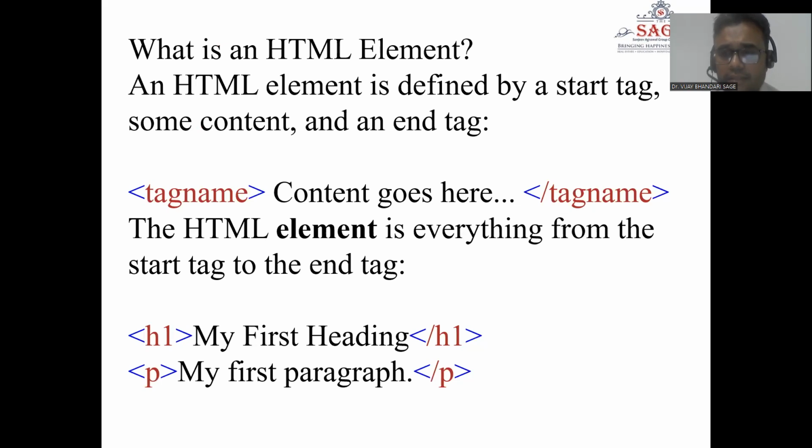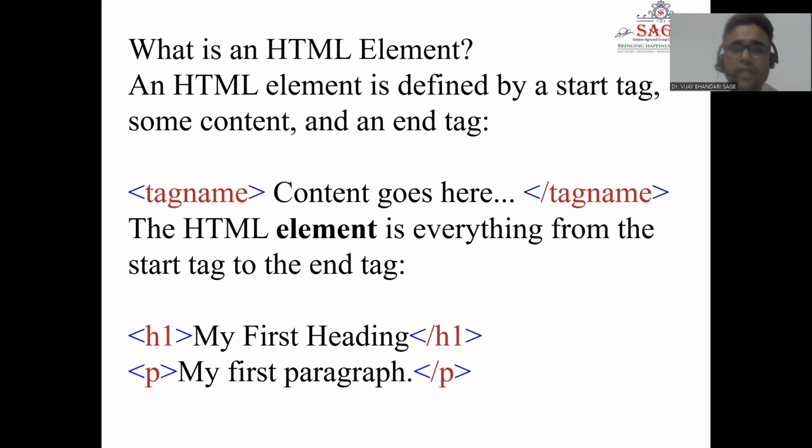HTML tags most commonly come in pairs like H1, although some represent empty elements, so are unpaired. For example, like the img, it will be tagged with angle brackets. The first tag in such a pair is the start tag and the second is the end tag. They are so-called opening and closing tags. So these are the things which I have covered in markup languages.